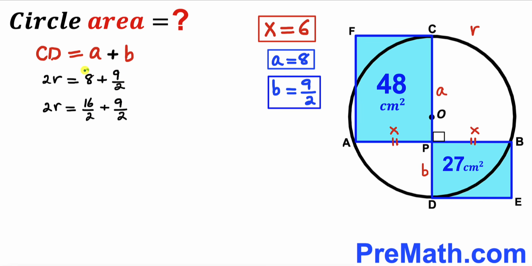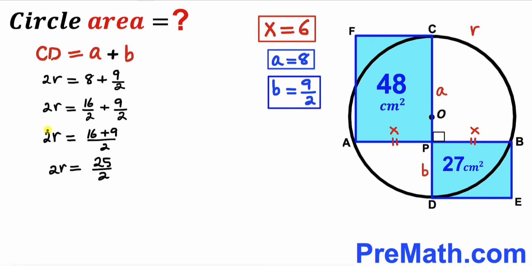And now we can tweak this: 8 could be written as 16 divided by 2. So we can write 2 times radius r equals 16 plus 9 all over 2. In other words, 2 times radius r equals 25 divided by 2.